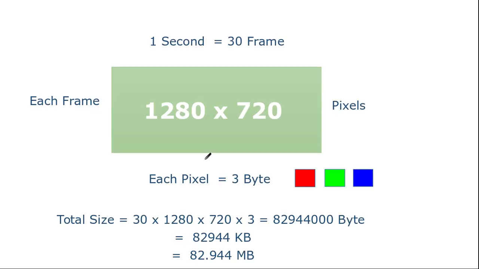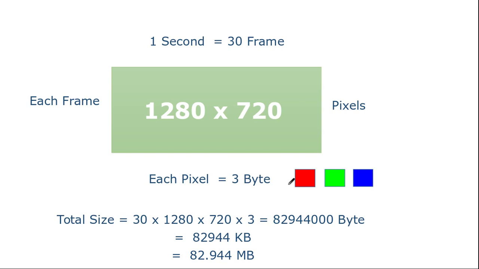Before we start, let's see how much space is required to store 1 second of video if that video is completely in an uncompressed format. Let's do some small mathematics for that. Let's say for 1 second of video we have a total of 30 frames. 30 frames is nothing but 30 images going back to back in front of our face while watching the video, and each frame is a 720p progressive frame, so it has 1280 pixels in width and 720 pixels in height, and each pixel is represented by one red, one green and one blue color.